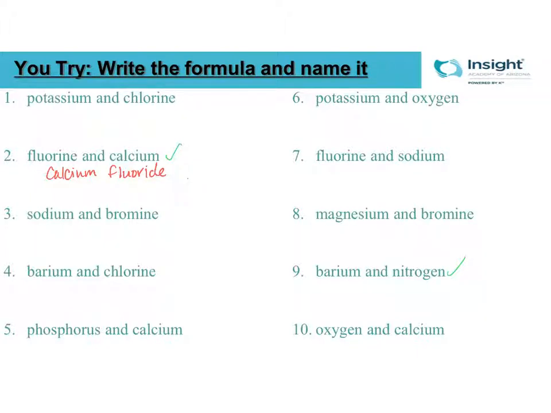All right, now to get my formula, I know that Ca, column 2A, so it's 2 plus, fluorine, in column 7A, so it's fluorine minus. So I've got a missing negative charge, so I'm going to need 2 of those fluorines to cancel out the 2 plus on the calcium. So my formula is going to be CaF2.